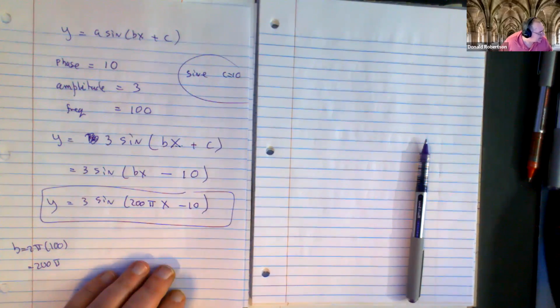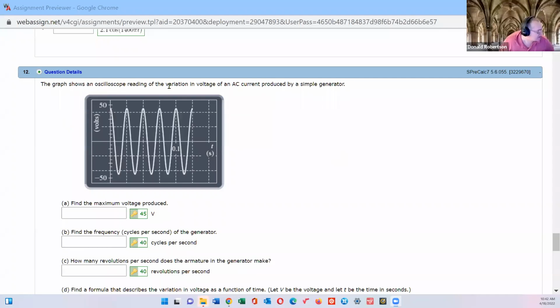Right, there's an application coming up. So I'm going to show you what it looks like. Here we have an oscilloscope, some sound wave, and we are going to take this and try our best to figure out what the answers to these questions are.